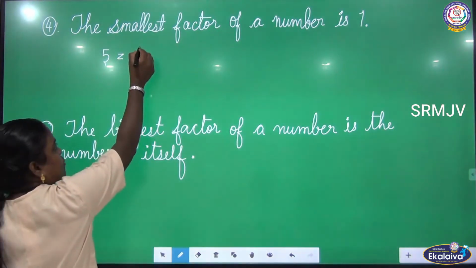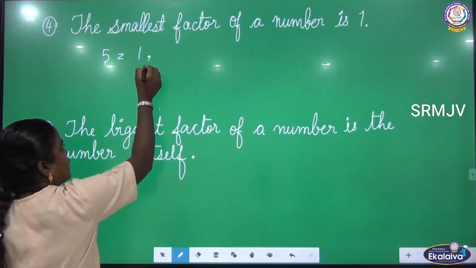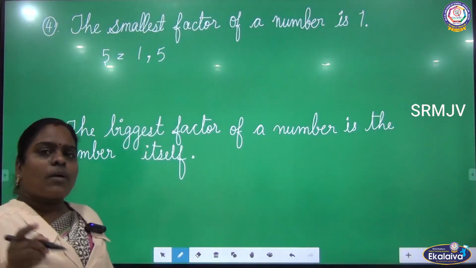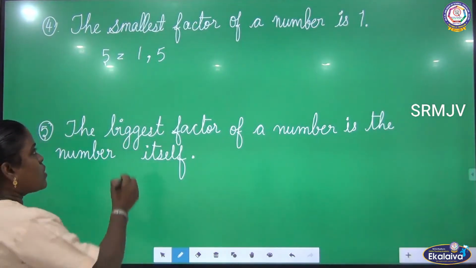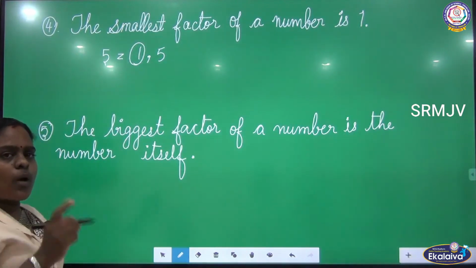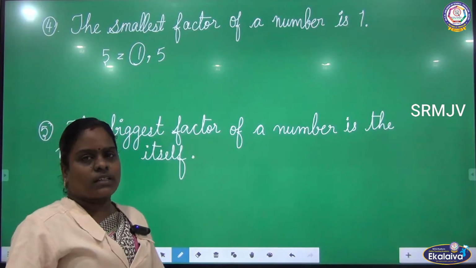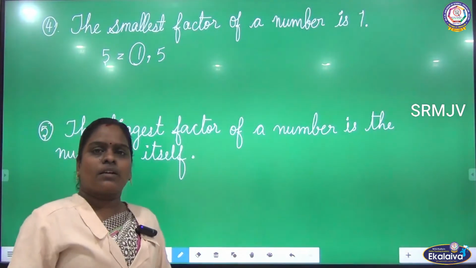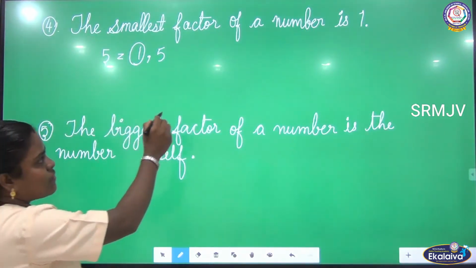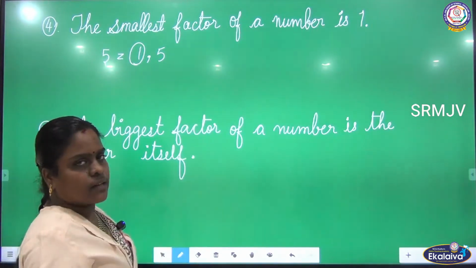The factors of 5 are 1 and 5. Always you should start from the 1 times table. So for all the numbers, 1 will be the smallest factor. So when you are writing the factors, you should start with 1. So the smallest factor of a number is 1.